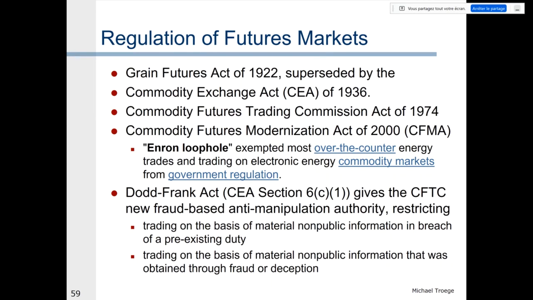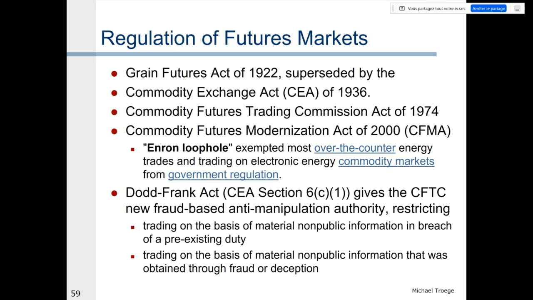That makes no sense whatsoever, but that's just how laws work in the US. So interest rate futures are supervised also by the CFTC. The CFTC has an important role as a financial supervisor, not only for the commodity markets, but also for the wider markets. For example, the swap market and so on is also supervised by the CFTC.